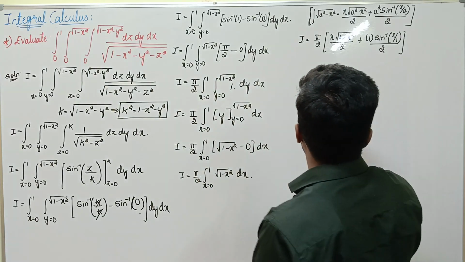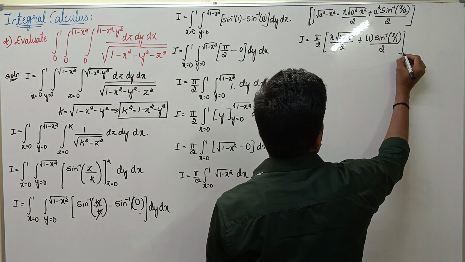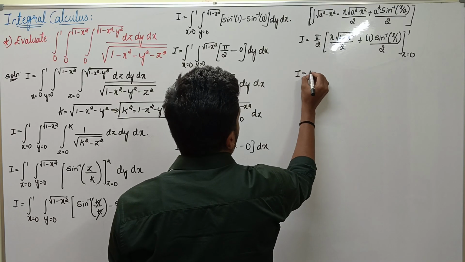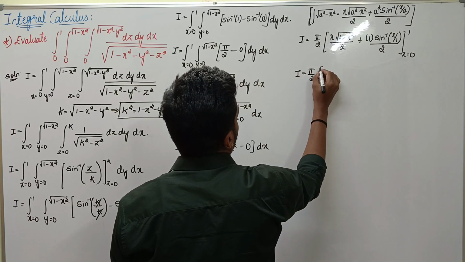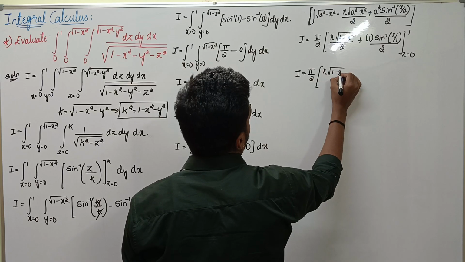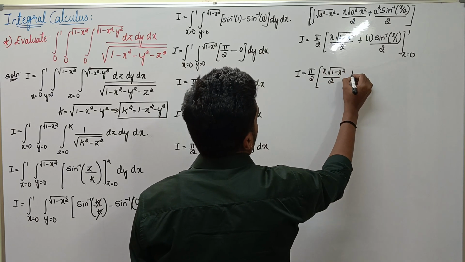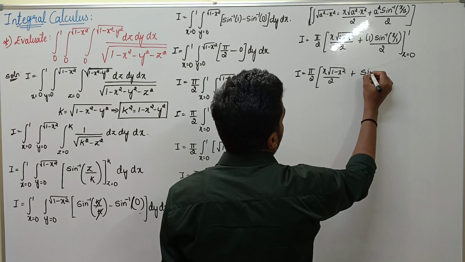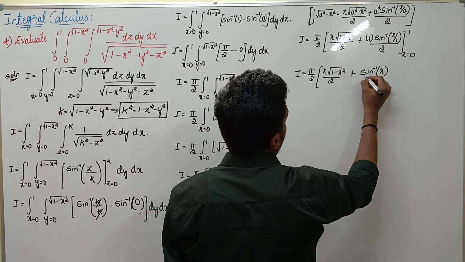Got the point? Yes. Now x varies from 0 to 1. So I is equal to pi by 2 into x root of 1 minus x square by 2 plus 1 into sine inverse of x by 1, which is x, divided by 2.